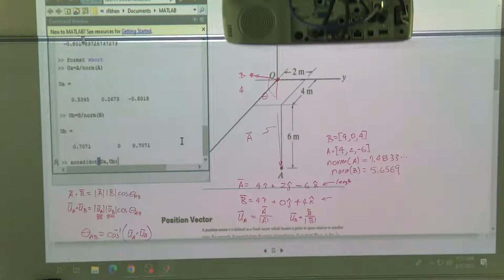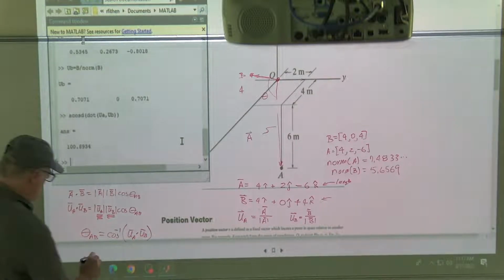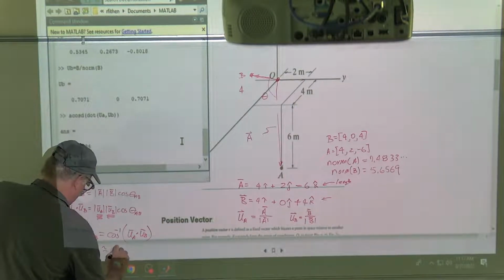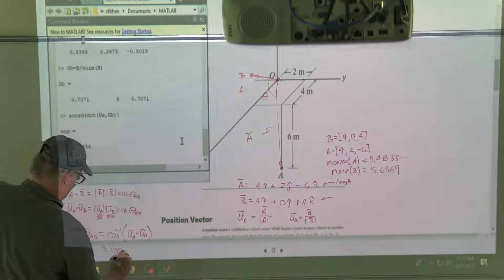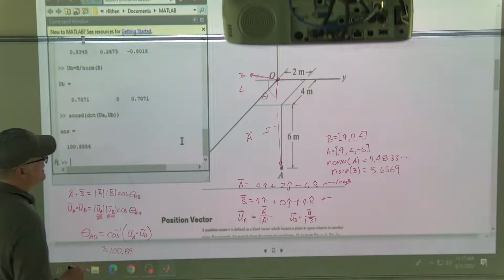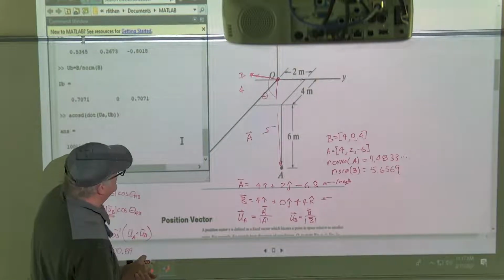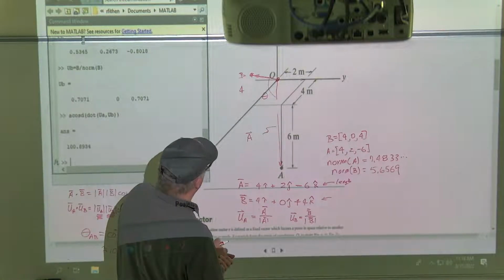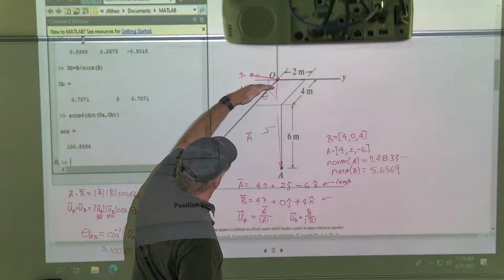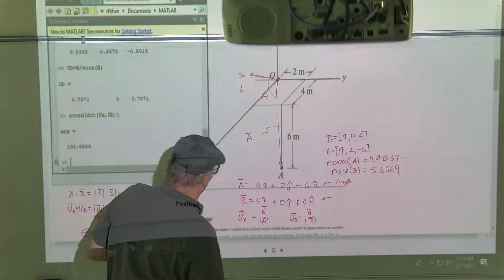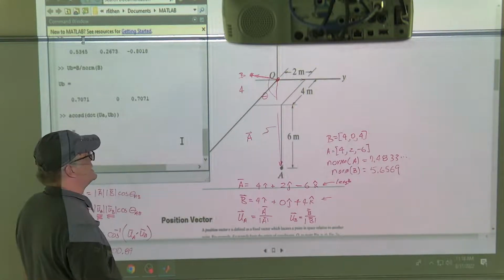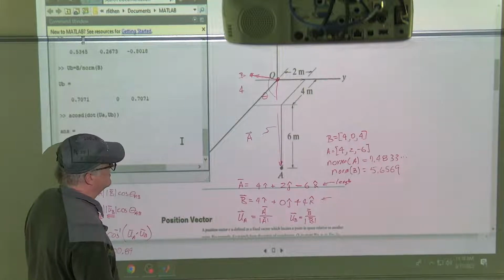If I typed it right, got to have one more dot. It says 100 degrees. That makes somewhat sense. So it's about 100.89. I guess if this one came down a little bit more, I could get it to 90, but, you know.